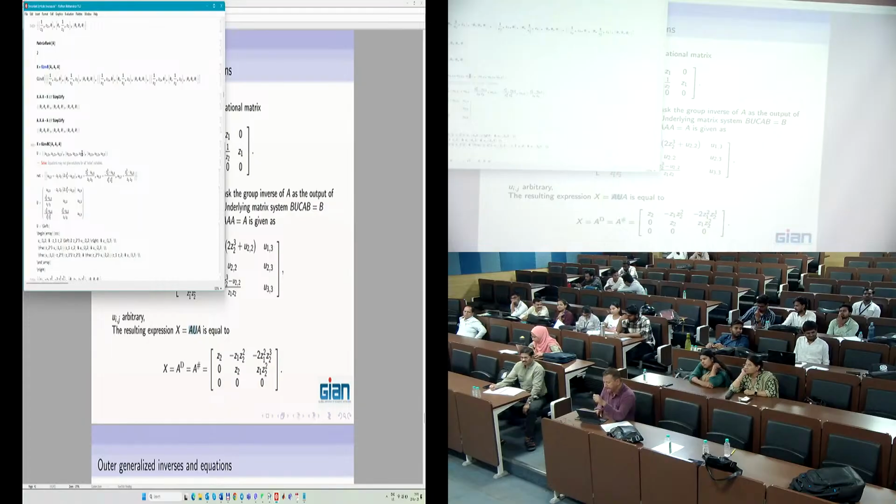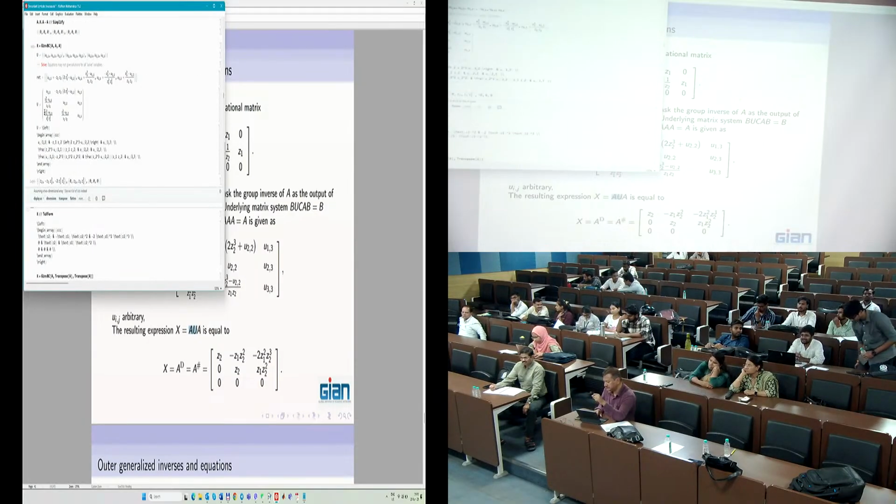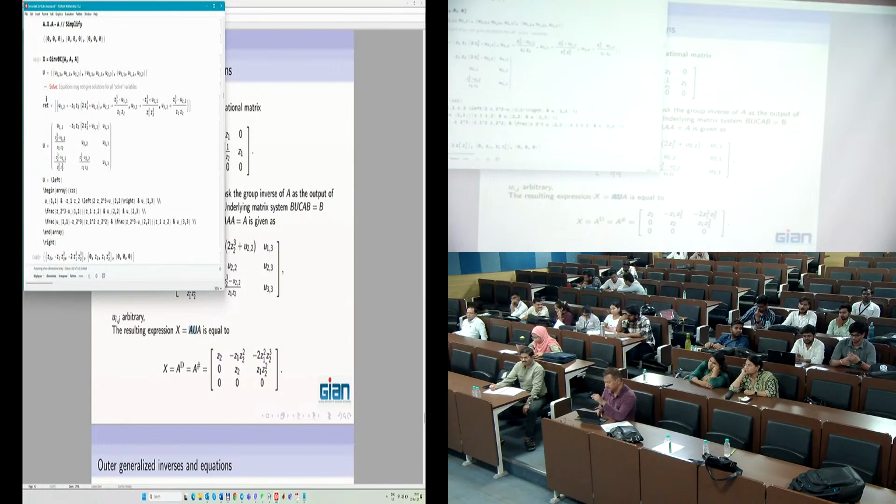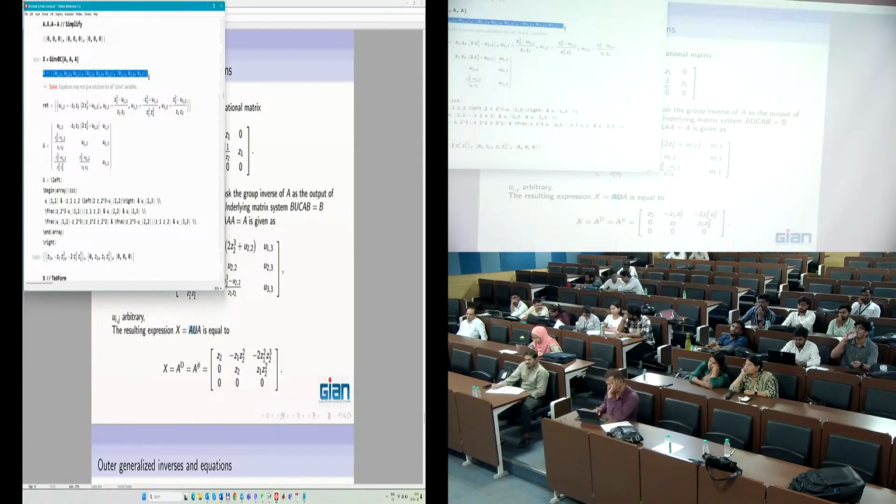Find x equal to. Here is a result of subscript U ij.